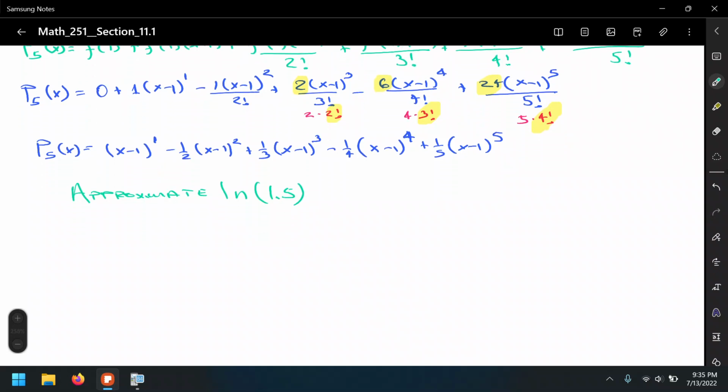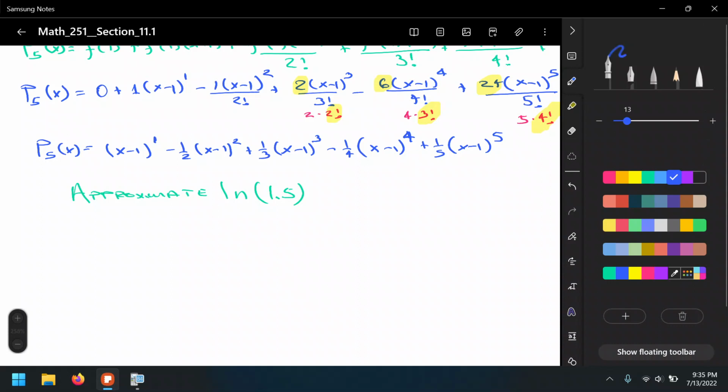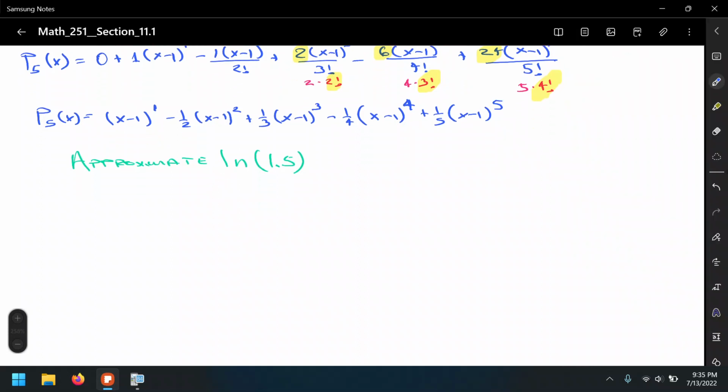Well, number 1, let's write it down. And so p sub 5 evaluated at 1.5 equals, okay, because I really don't want to write the whole thing, what we're going to do is write this 1.5 at every instance of x. That's what we're going to do.